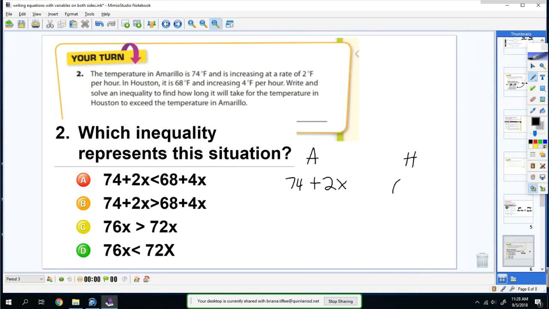Houston is 68 degrees plus 4 degrees per hour. What we want to do is figure out how long it'll take for the temperature in Houston to exceed the temperature in Amarillo. So it means the Houston one is going to be bigger. So the answer will be A. A lot of you might have thought it was B, but that says Amarillo is going to be hotter than Houston. I actually want Houston to be hotter than Amarillo.